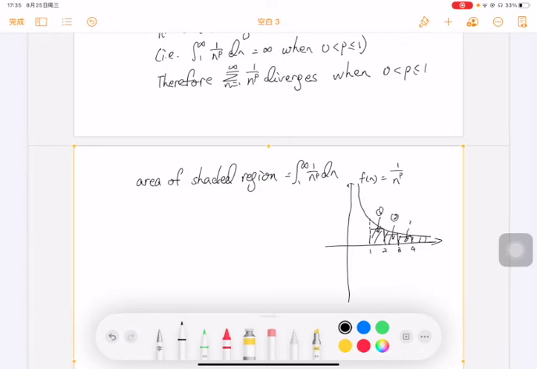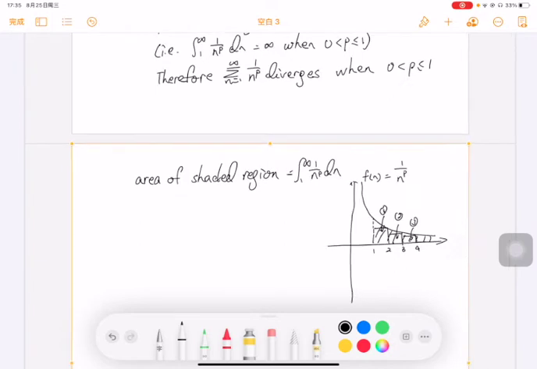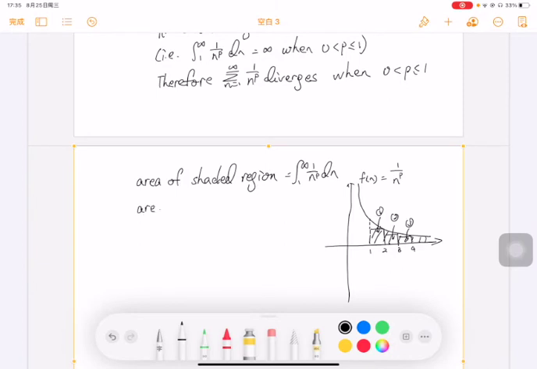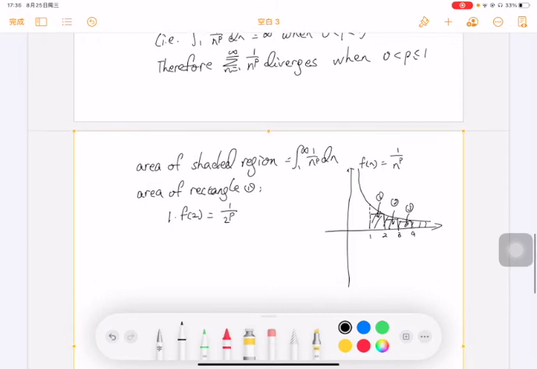That's rectangle 3. If you look at the area of rectangle 1, you'll find it to be the base equals 1 and the height equals f of 2, which is 1 times 1 over 2 to the p.